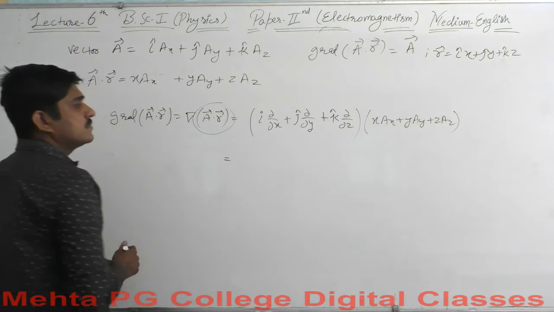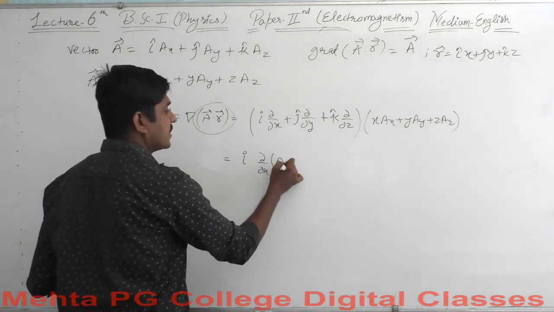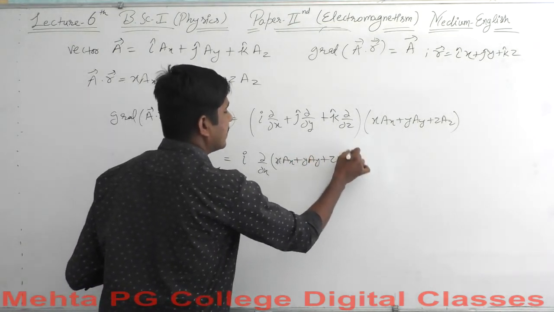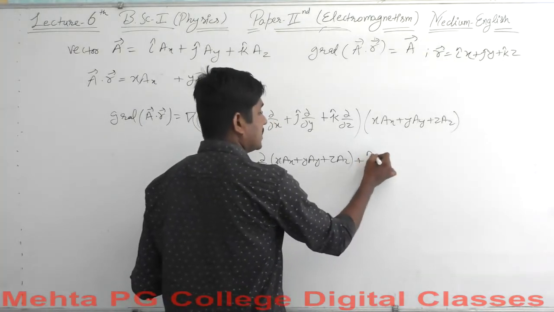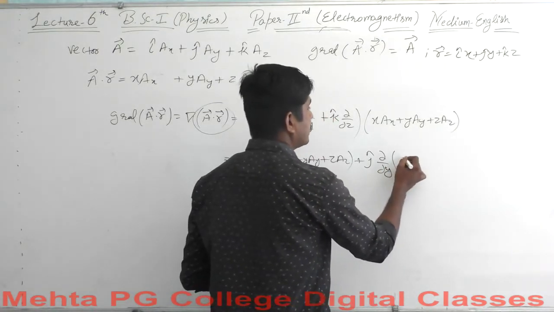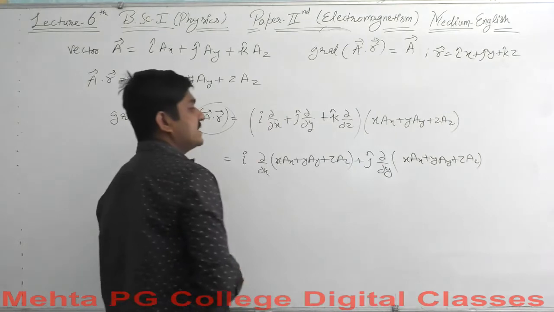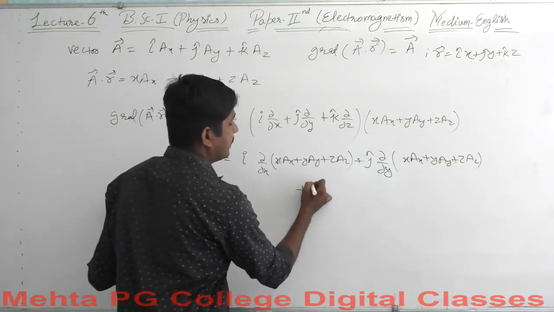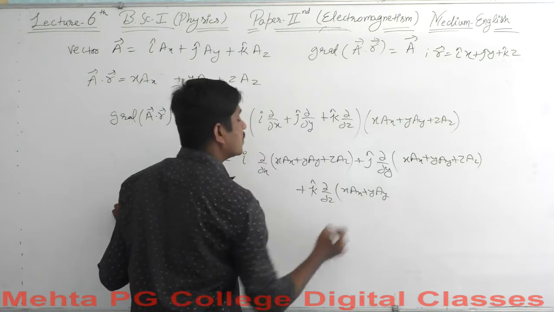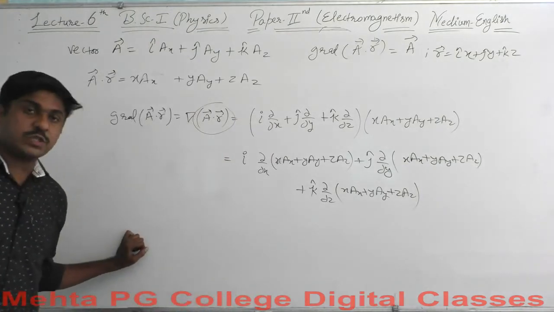So i cap curly over curly x of (x Ax plus y Ay plus z Az), plus j cap curly over curly y of (x Ax plus y Ay plus z Az), plus k cap curly over curly z of (x Ax plus y Ay plus z Az). So now we are supposed to calculate this.